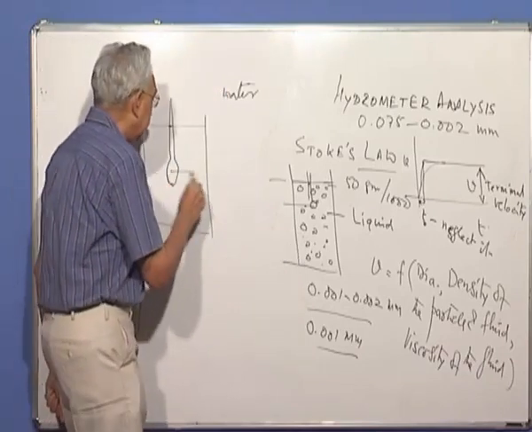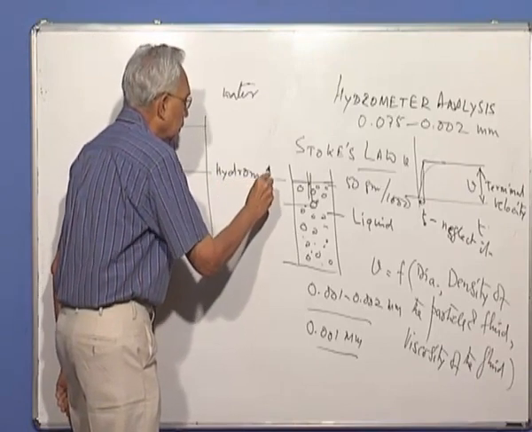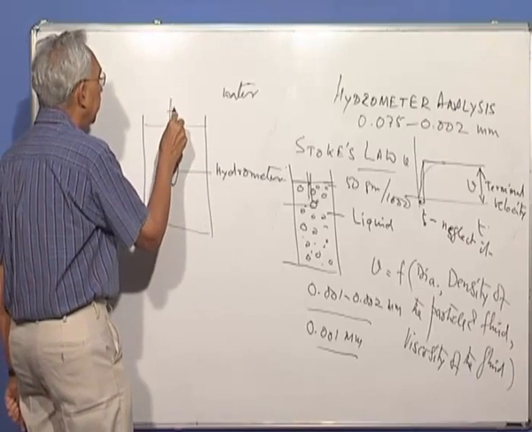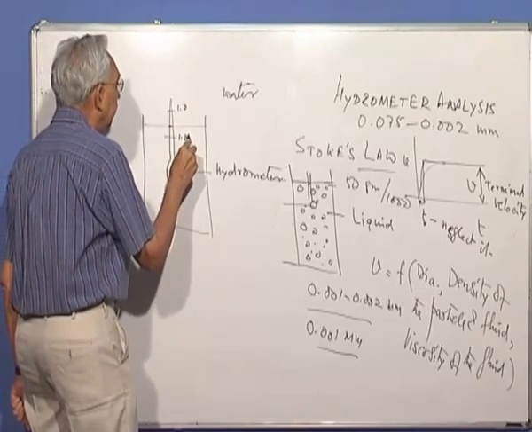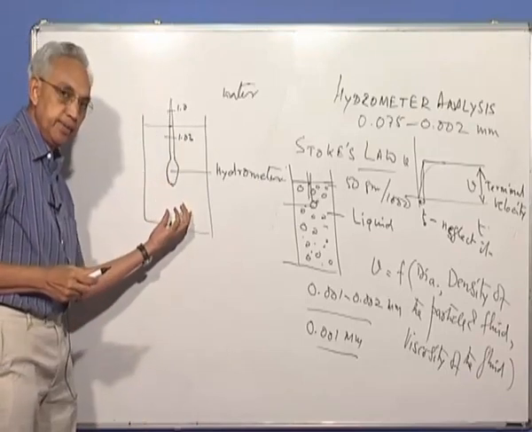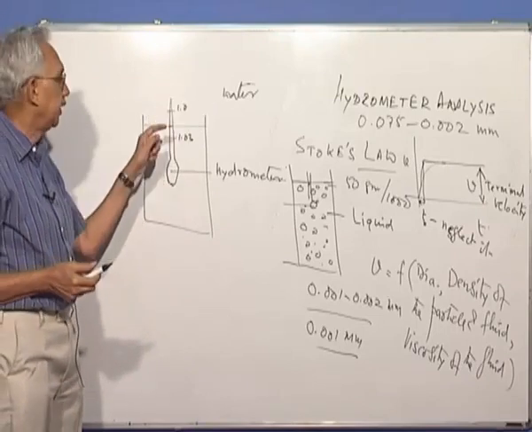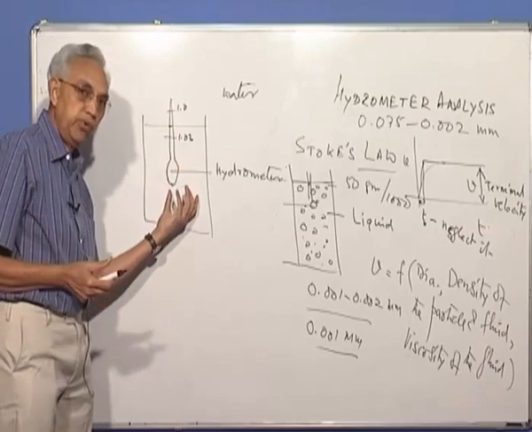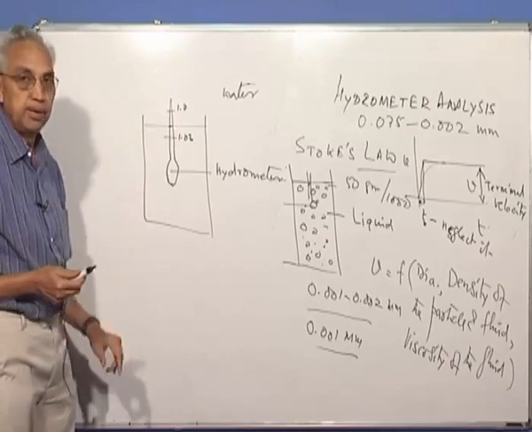So the hydrometer has the readings, say somewhere here it will be 1, and this should be something like 1.03 or whatever it is. If the density of the fluid is high, the hydrometer will be floating in it and you get the maximum reading. As the density of the fluid decreases, the hydrometer sinks down and you get a smaller reading.